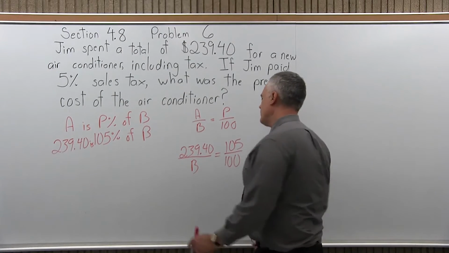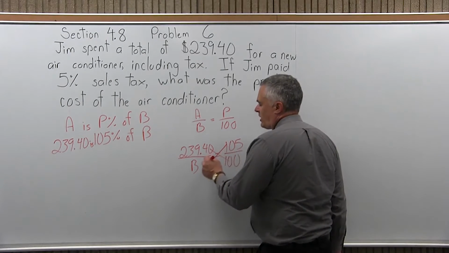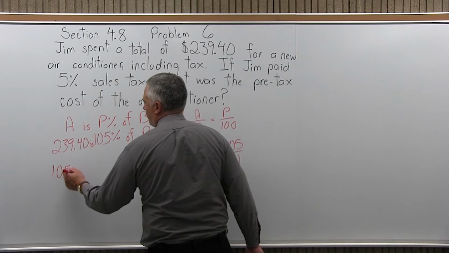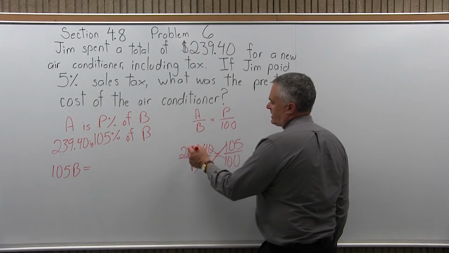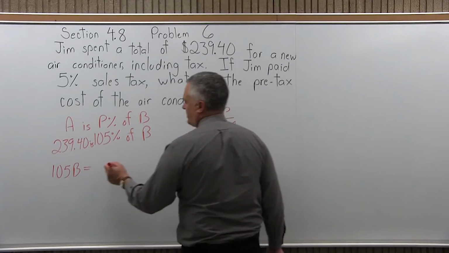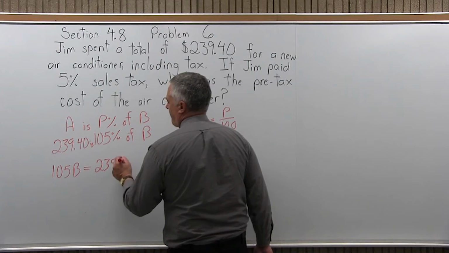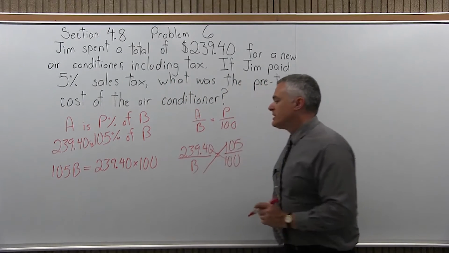Now to solve for it, I will cross multiply. So 105 times B is 105B equals, multiplying in the other direction, 239.40 times 100. Now, this multiplication is easy.